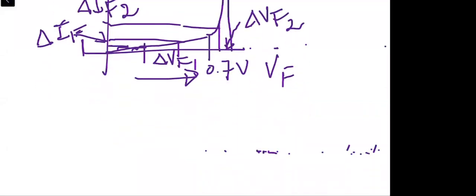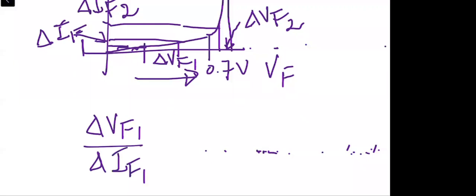So this means delta VF1 divided by delta IF1, right?